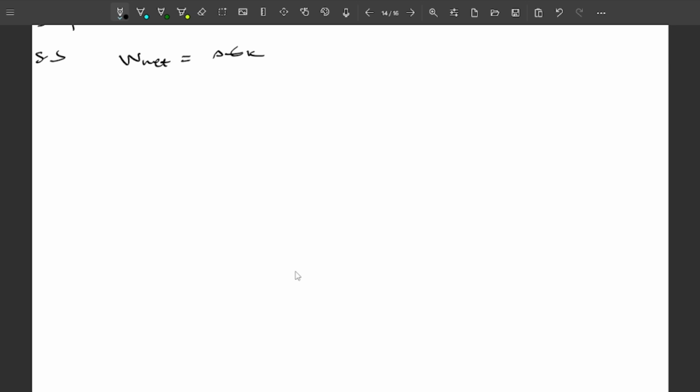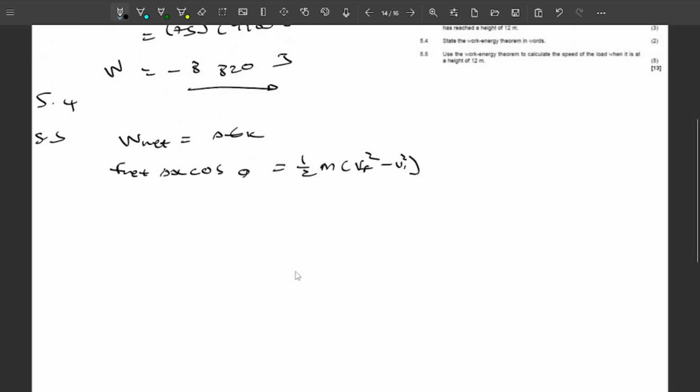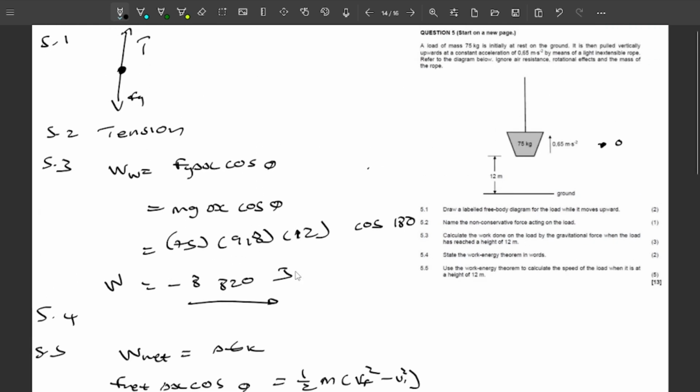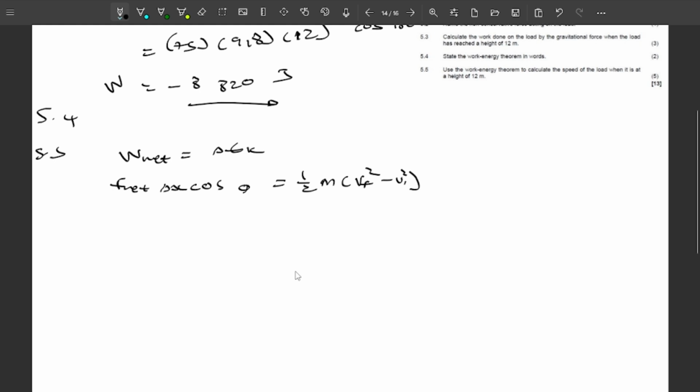We can say F net change in x cos theta is equal to 1 over 2 mass, which is Vf minus V initial squared, right? Now, what is the mass of this thing? It's 75, right? So we found the work done by the Fg, right? So we're going to try to find the tension in this instance.